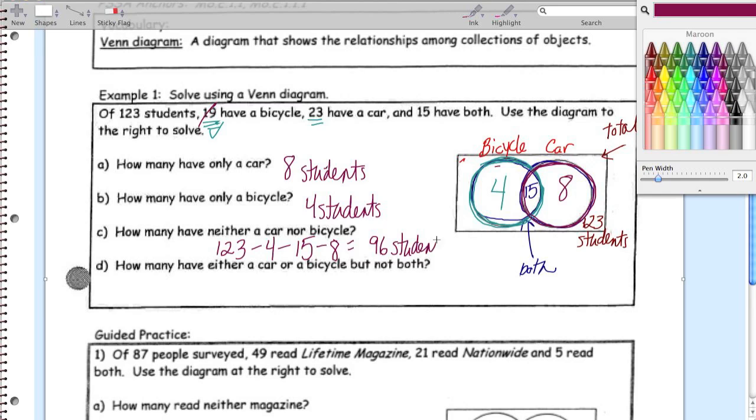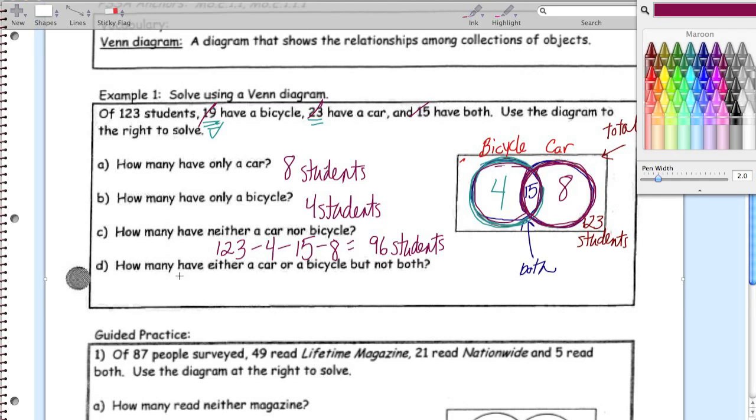So 96 students have neither a car nor a bicycle. And I just subtracted each of these numbers separately because this portion is one piece of the puzzle, this portion is a piece of the puzzle, and this portion is a piece of the puzzle. Okay, again, don't go back to these numbers. These are only used to help us set up the Venn diagram.